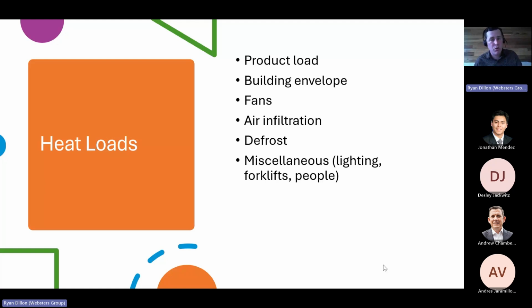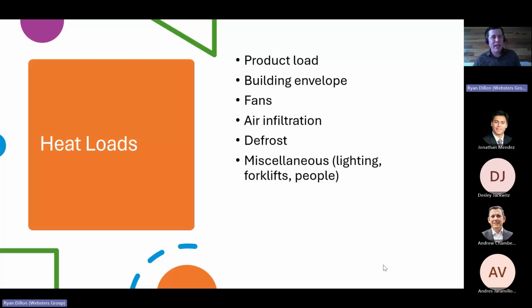Once that's actually in the cold room, and say, for instance, that's stored for 6, 12 weeks, you've also got the losses in the building envelope, which is the walls, the roof, and the floor of the cold room. The fans that operate the evaporators that circulate cool air across the product to cool it have an energy consumption, and there's the air infiltration through the door strips or just leaving the door open, hopefully not for too long.